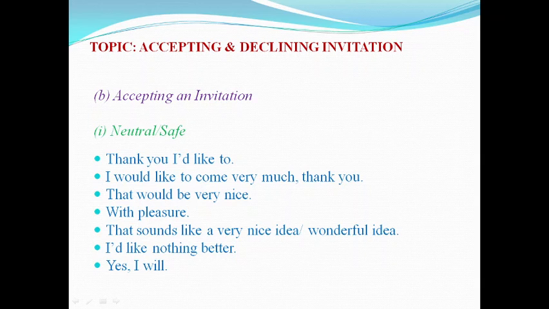The first is the neutral way of accepting an invitation, then the formal way, and the informal way. Let us see the neutral type of acceptance first.